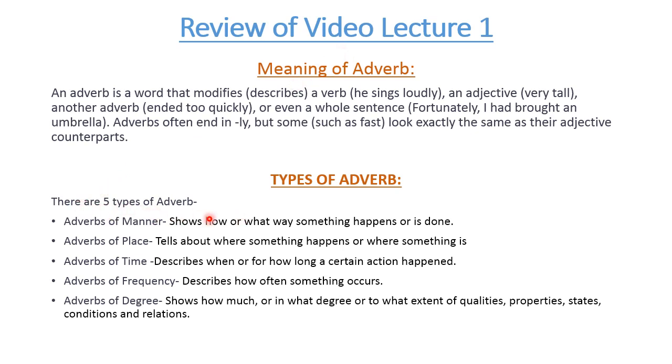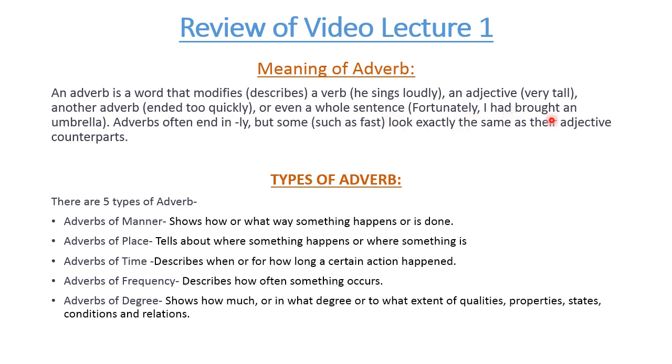So I'll quickly read this so that you recall whatever we did in the last class. An adverb is a word that modifies. What does the word modify mean? Describes. A verb, for example, he sings loudly. An adjective, very tall. Another adverb, ended too quickly, or even a whole sentence.